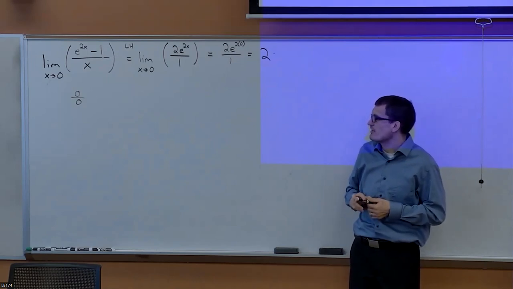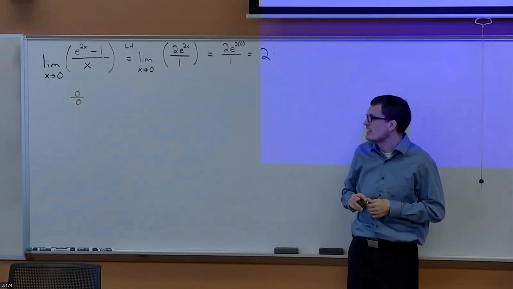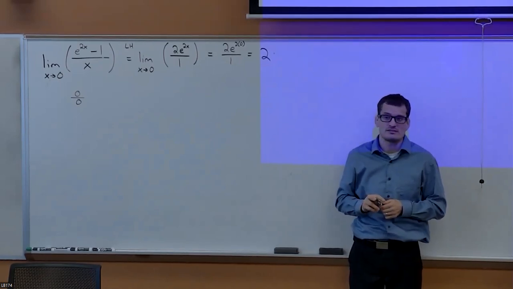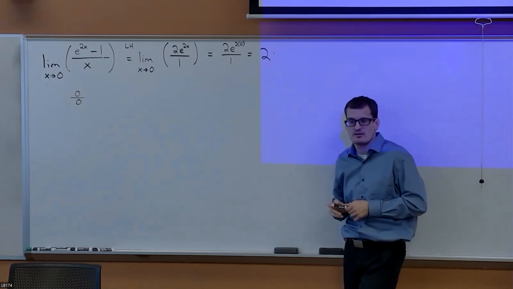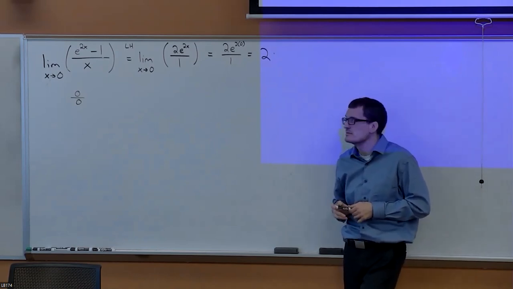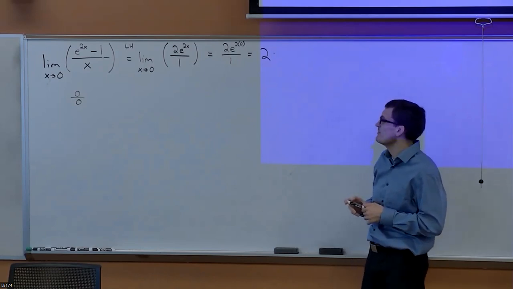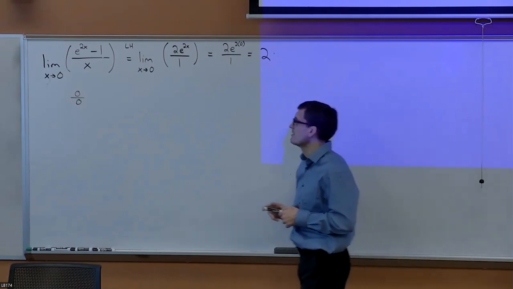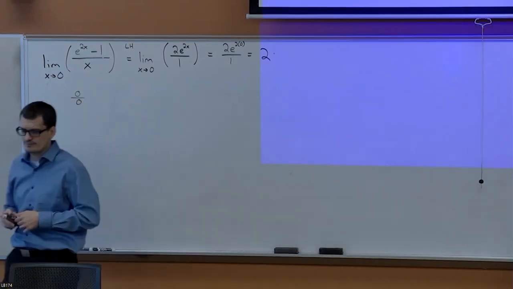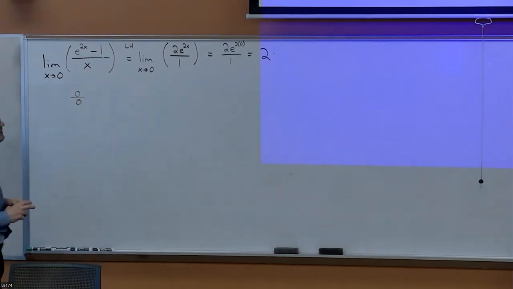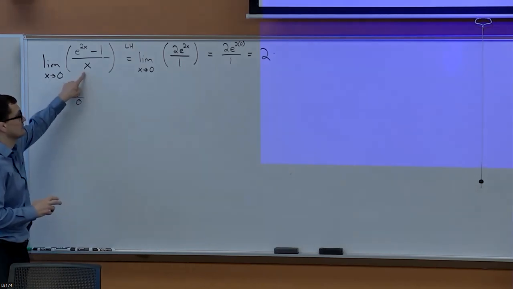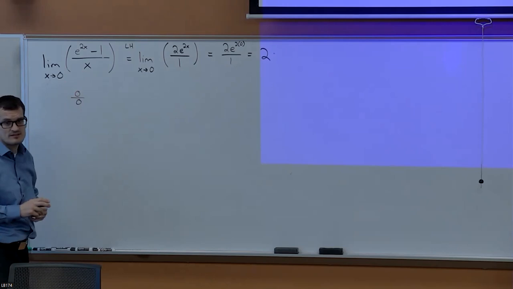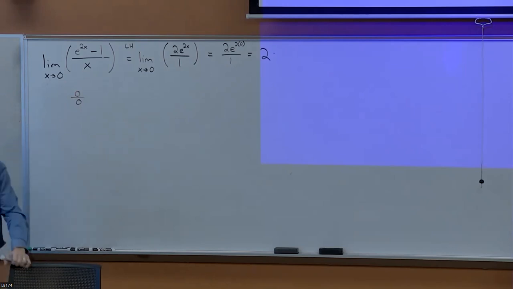That might be a hard thing to see if you graphed it. Might not be, I don't know. I don't graph that one. But 2 is the limit. Using L'Hopital's rule makes this problem much easier to do, right? Derivative of the top, derivative of the bottom. And then we're moving on.